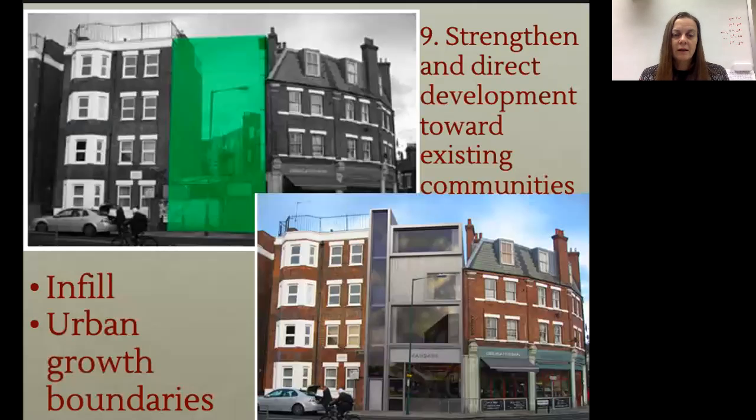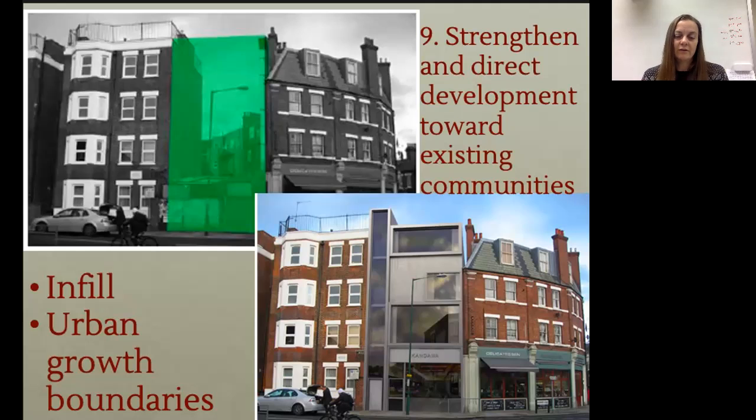Another big piece of sustainable development is maintaining development within an existing community rather than always pushing outward. And setting boundaries for urban areas. So if you guys live in Suffolk or Chesapeake, you know that they both have what they call green zones, and within those areas, that land is preserved for agricultural use.